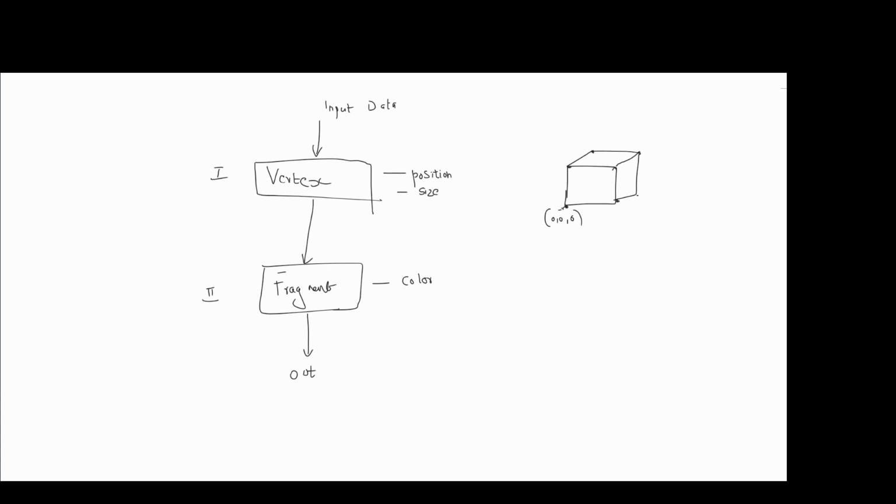The vertex shaders manipulate the position and size and everything of the vertices, and the fragment shaders change the color and other effects. So a shader, we can say, is a program which affects or manipulates these two stages of the render pipeline.